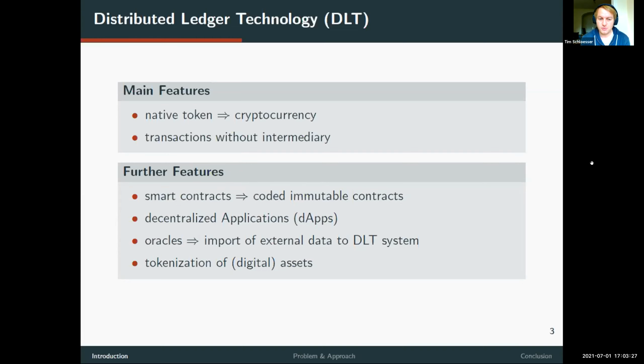Then we have oracles, which link the real world to the DLT system, importing external data so that it can be used by, for instance, a smart contract. And then we have tokenization, the digital representation of assets, which can be digital or real-life assets, on top of a DLT system.